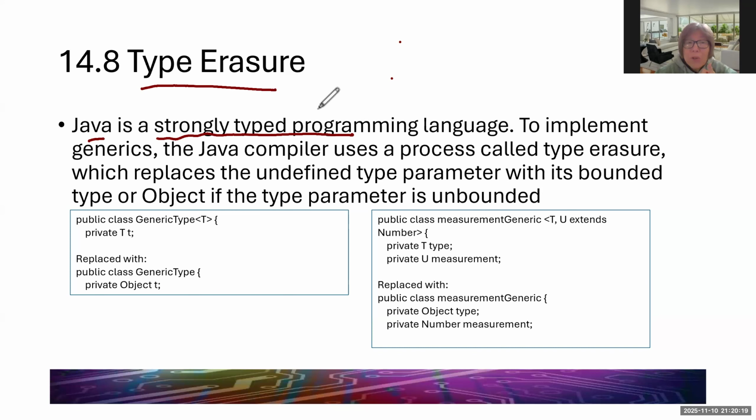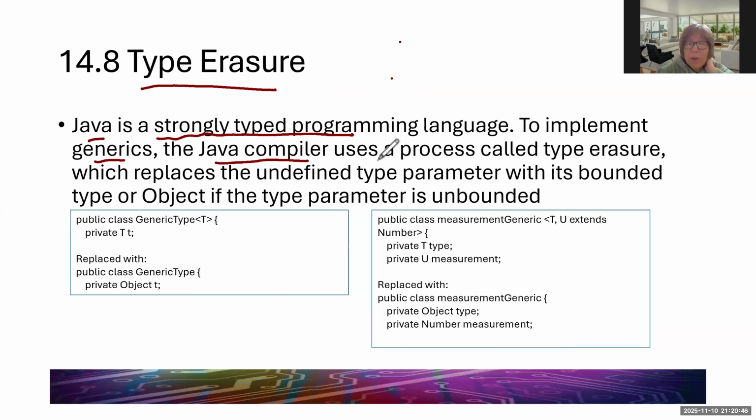But here we learn generics, unbounded or bounded, which is not some specific concrete type. So how does the Java compiler deal with it, because it's a typed programming language?